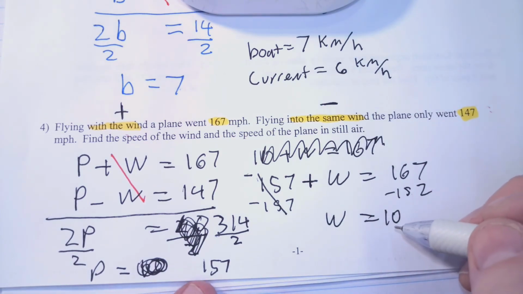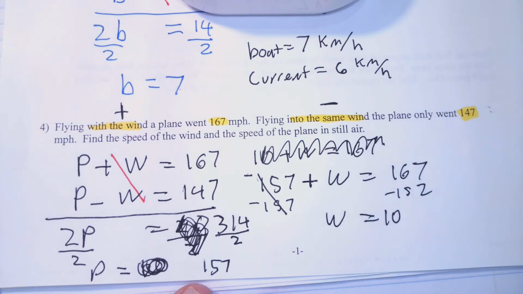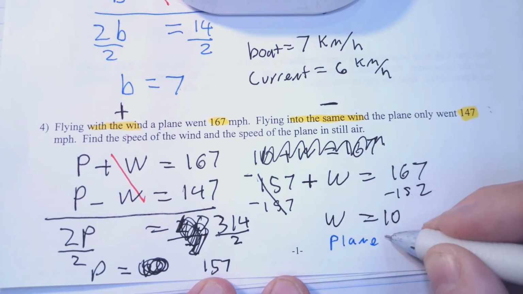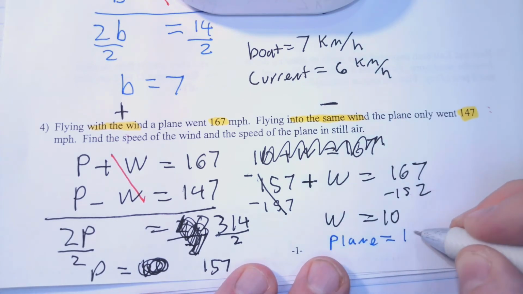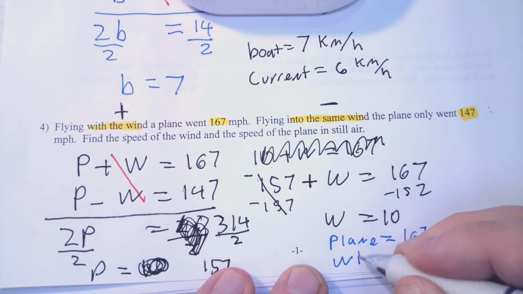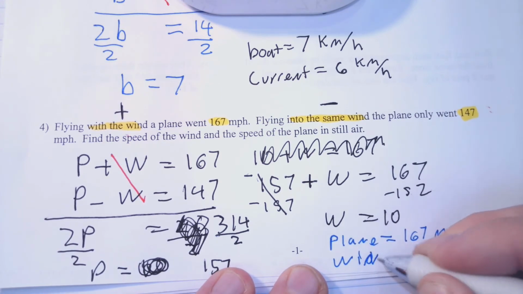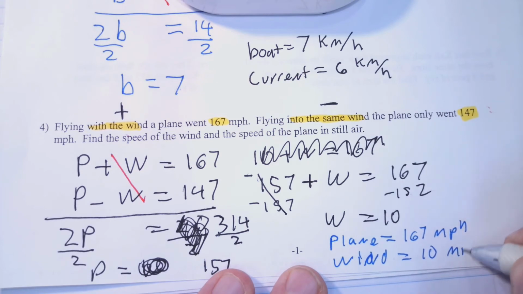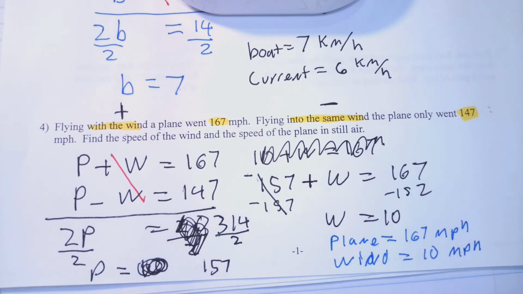Okay. So let's go ahead and figure out how to write the answer. Plane goes 167 miles per hour, and the wind blows at 10 miles per hour. Okay, that makes sense, right? In Oklahoma, on a calm day, the wind blows 10 miles an hour.